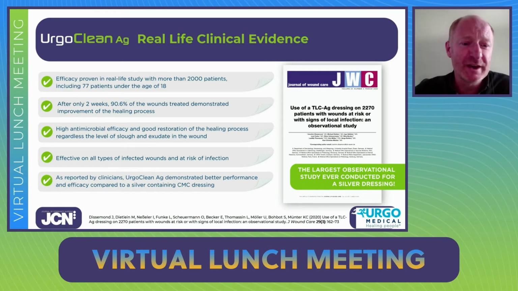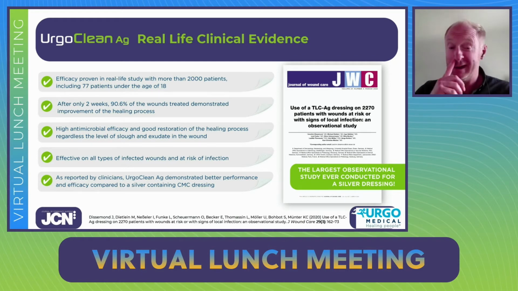The observational study showed that after 2 weeks, 90.6% of the wounds treated demonstrated an improvement in the healing process. The high antimicrobial efficacy and good restoration of the healing process occurred, and this is crucial, regardless of the level of slough and exudate in the wound.